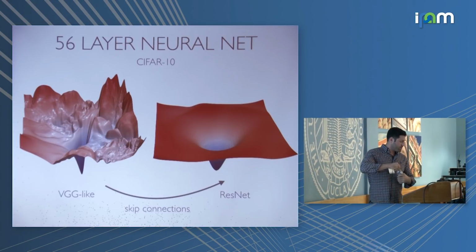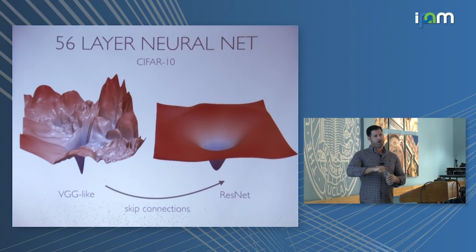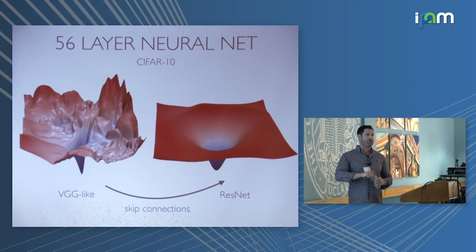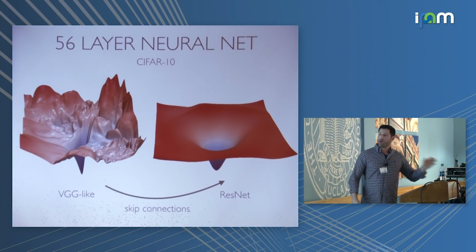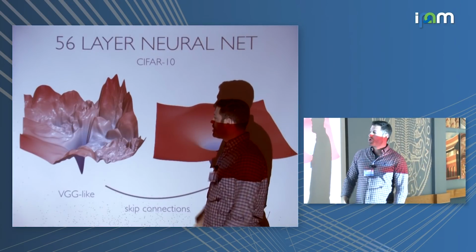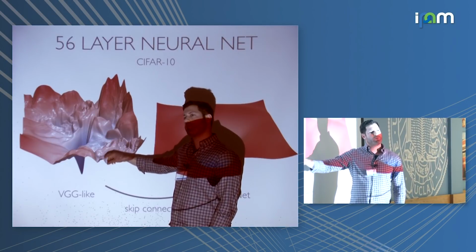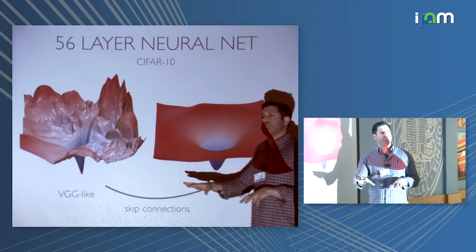So I don't make any claims about there being local minimizers here. These don't have to be minimizers. They look like minimizers in 2D, but there could be little wormholes in here that escape to other attractors. So what I'm really more interested in is convexity versus non-convexity.